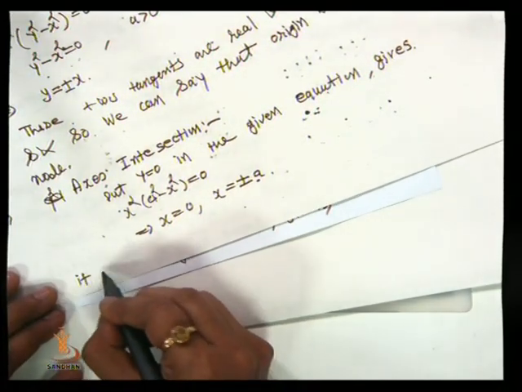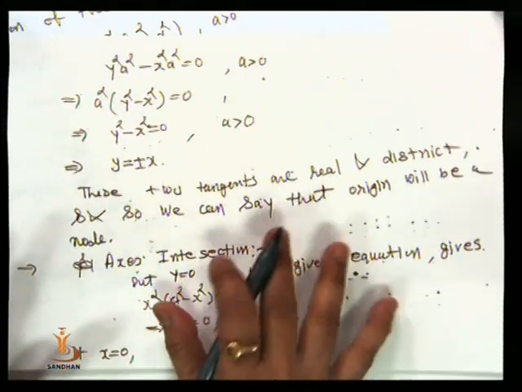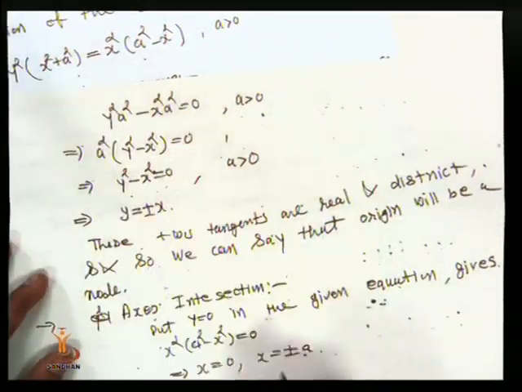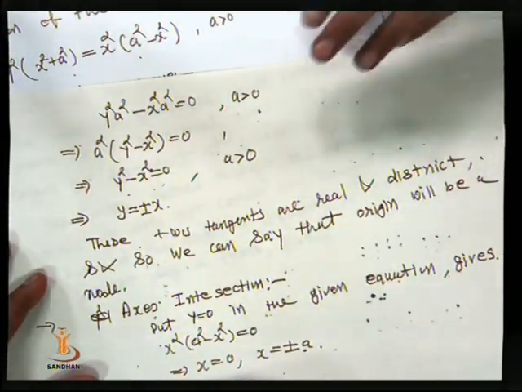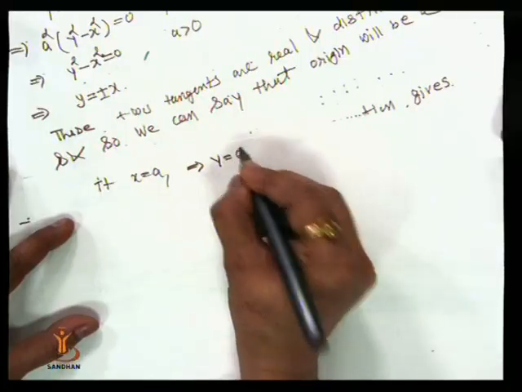If x equal to 0, then if you put x equal to 0 in this equation, y will be 0. Second, if x is equal to a, if we put x equal to a in this equation, again this gives y equal to 0.